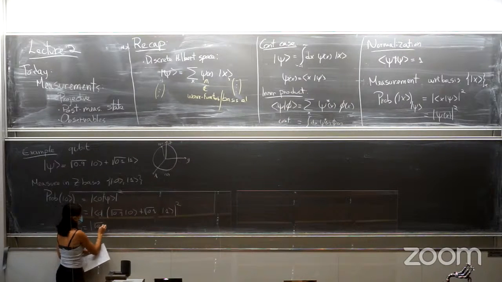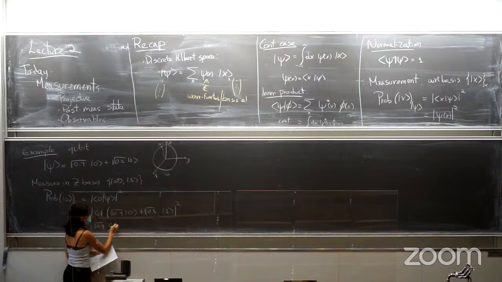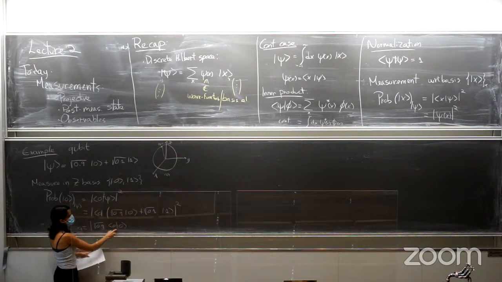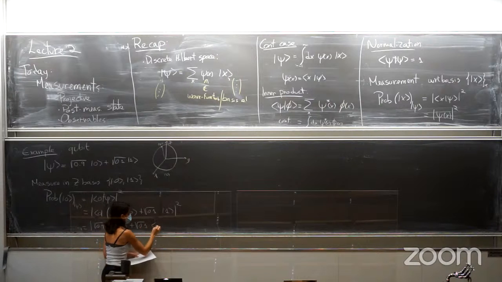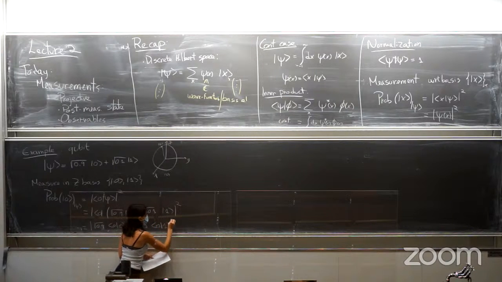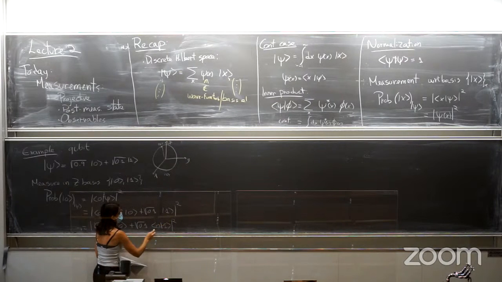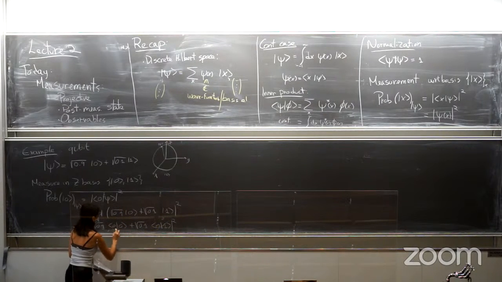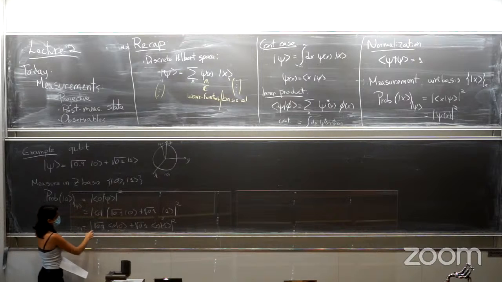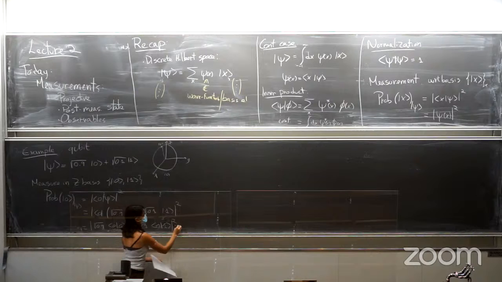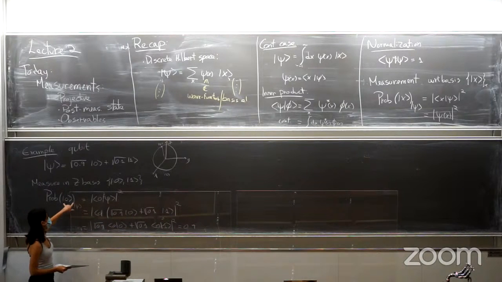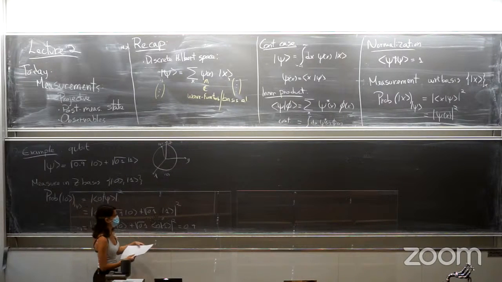Square root of 0.9 times this inner product, which is 1, plus square root of 0.1 times this inner product, which is 0. So you end up with square root of 0.9, which squared is 0.9. If you do the same with 1, not surprisingly, you'll get 0.1.